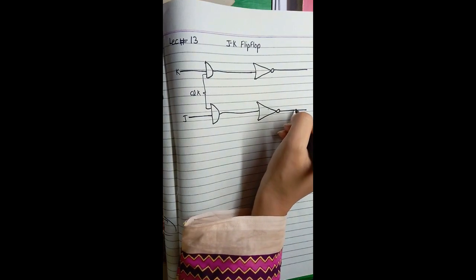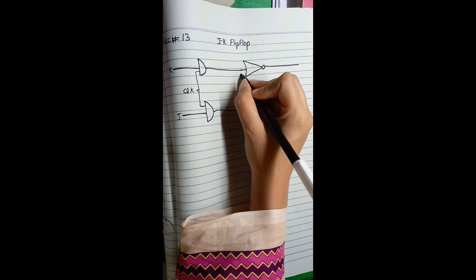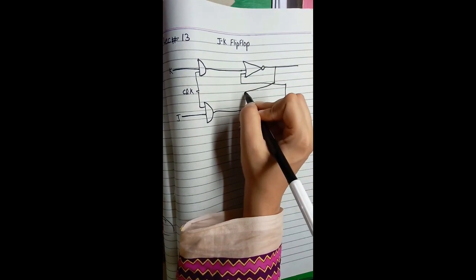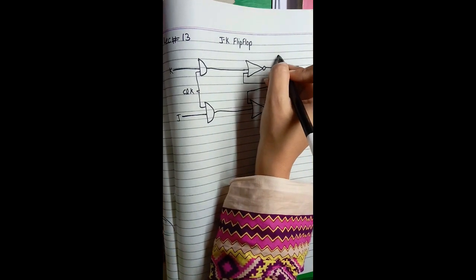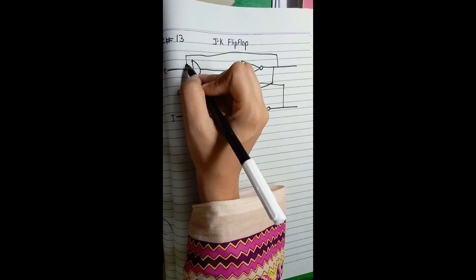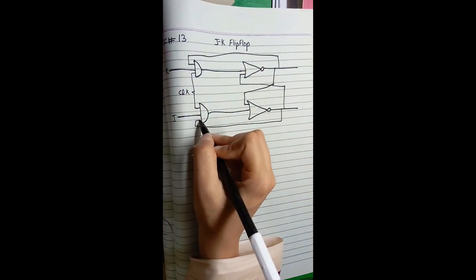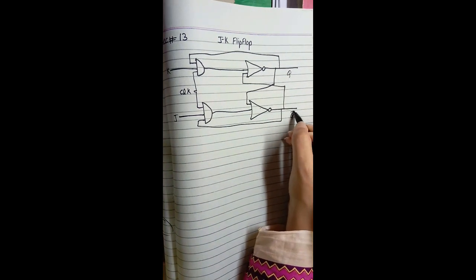These outputs will be connected to the NOR gate as input and these outputs are also working as the input of the AND gate. So simply this is our complete circuit of the JK. This is our Q and this is our Q bar.